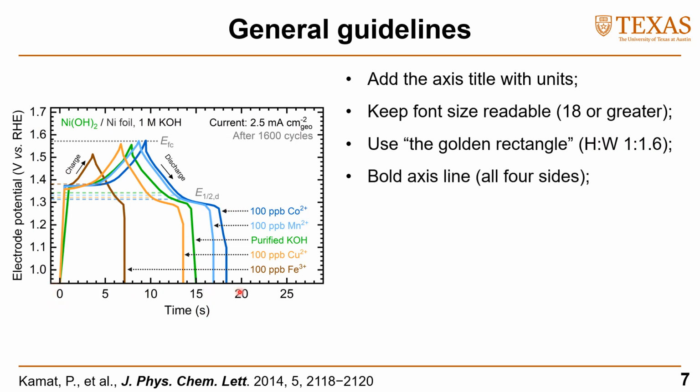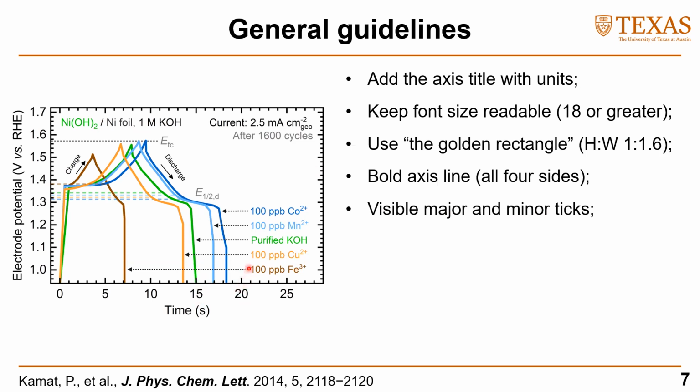Make sure you have axis lines, and it's typical to have the 4 axis lines, okay, not just 2. It looks better when you have 4 axis lines, and that you also include major and minor ticks. As we can see here, we have major ticks every 5 seconds, and we have minor ones every 1 second.